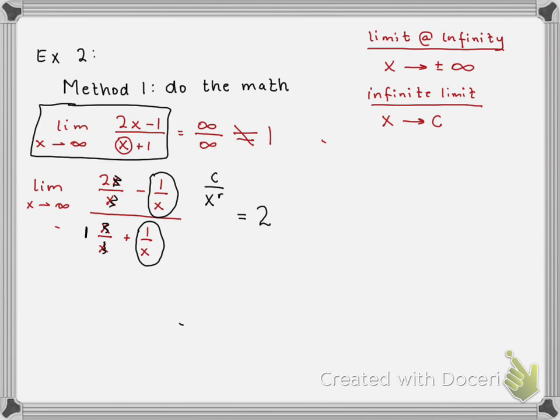The power on the x in the numerator is 1, and the power on the x in the denominator is 1. So the powers are equal. Therefore, the limit is equal to the ratio of the leading coefficients, which is 2 over 1, which is equal to 2. That's what that rule means.